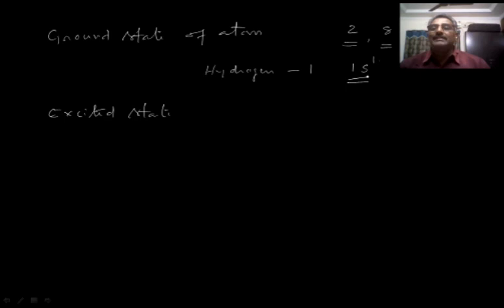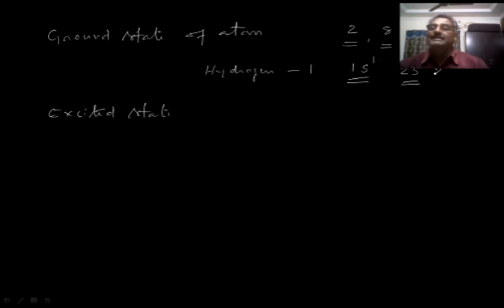If this electron gains a quantum of energy, it may be excited to the 2s orbital. If it gets excited to the 2s orbital, its electron will be in the s orbital of the second main energy level, and this state is said to be the first excited state. You know that the 2p orbital also possesses the same amount of energy in a single electron system.